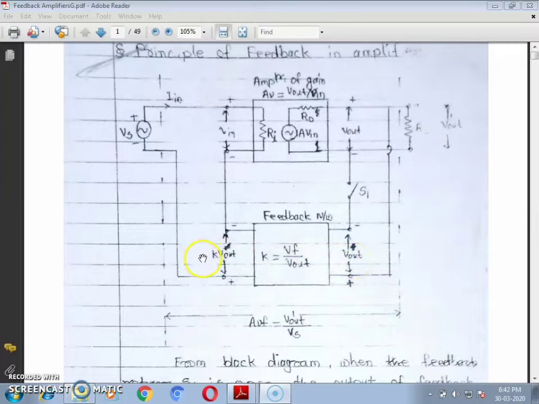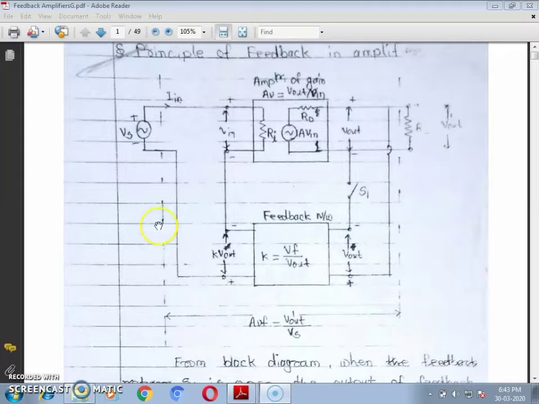Output entity we labeled as VF, input entity we labeled as Vout. So the gain of this is VF divided by Vout, with feedback factor K. The output of the feedback network VF is the product of these two terms, the gain of the feedback network and the output, which is K times Vout.